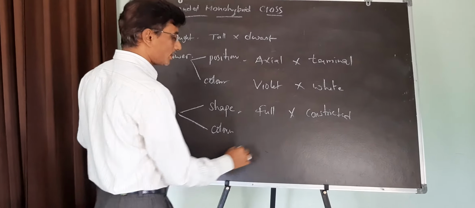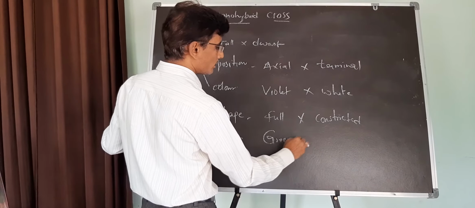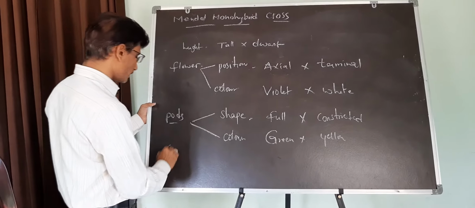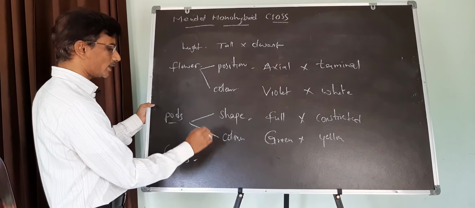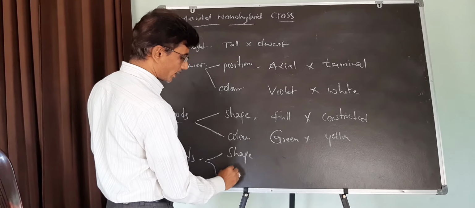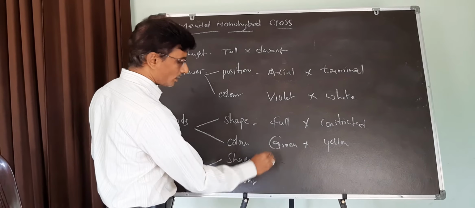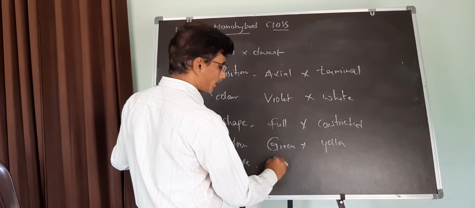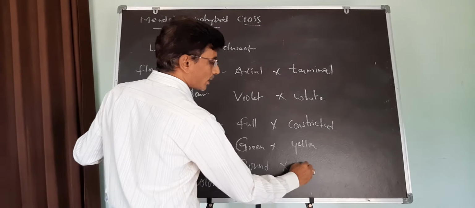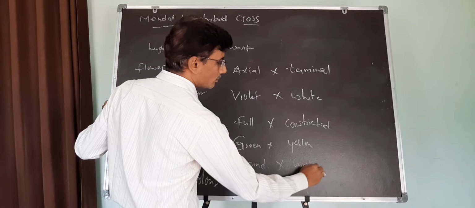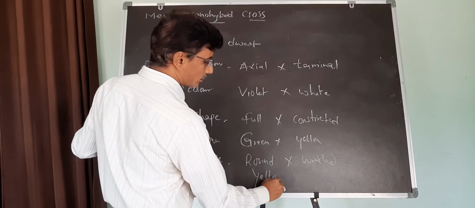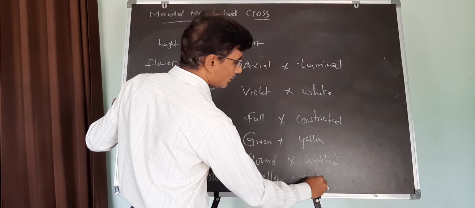Like that, 2 seed characters are considered: the shape of the seeds and the color of the seeds. The shape is round seeds crossed with wrinkled seeds, and yellow seeds crossed with green seeds.